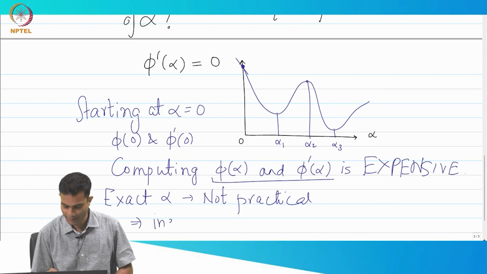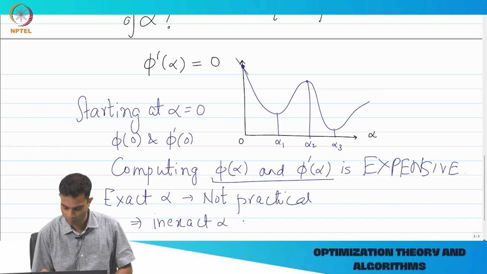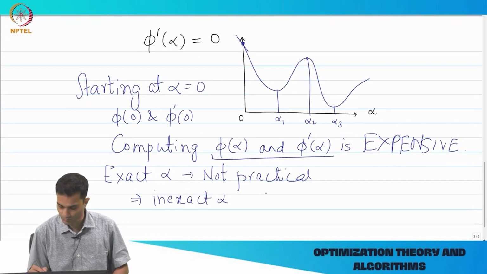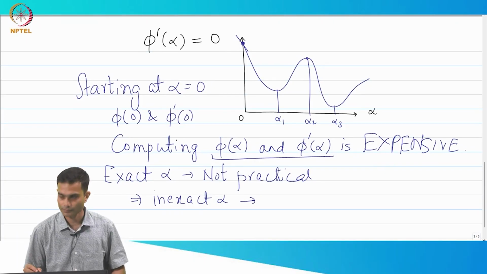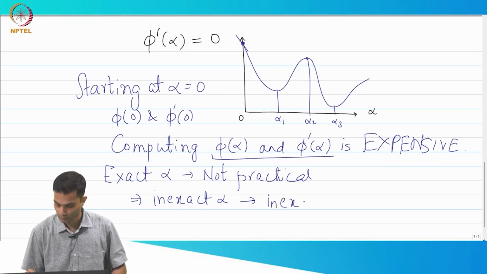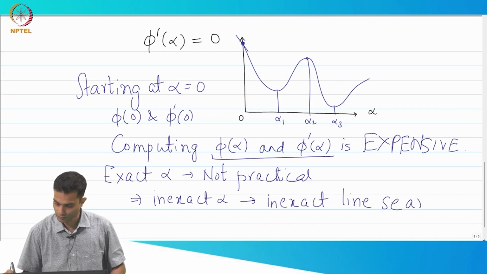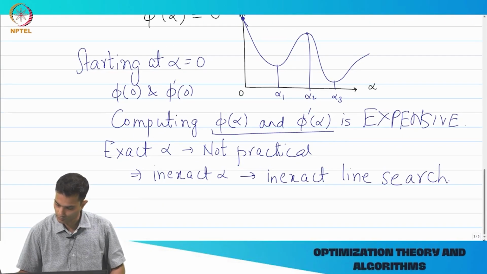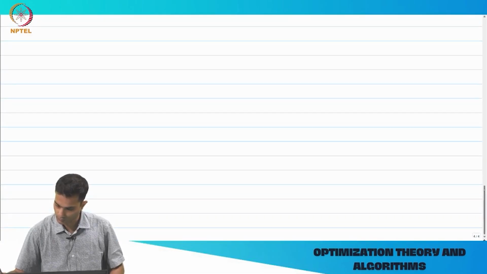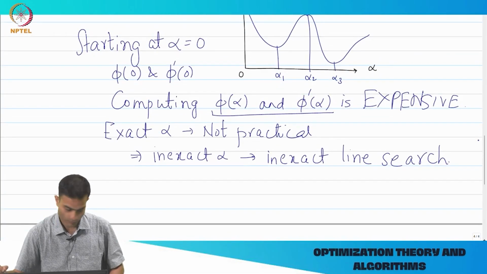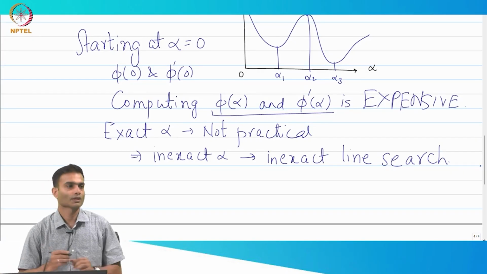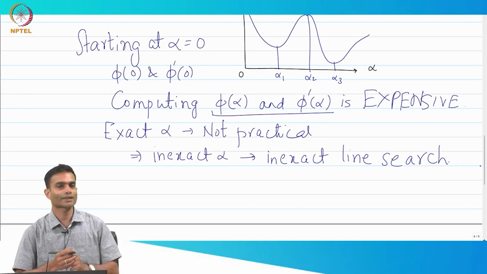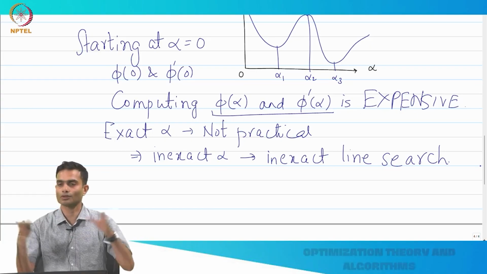So we choose an inexact alpha. Okay. This is also called inexact line search.